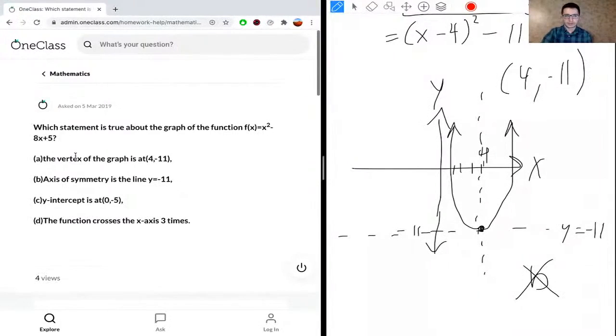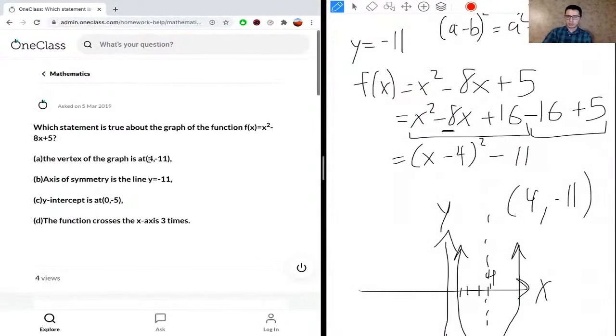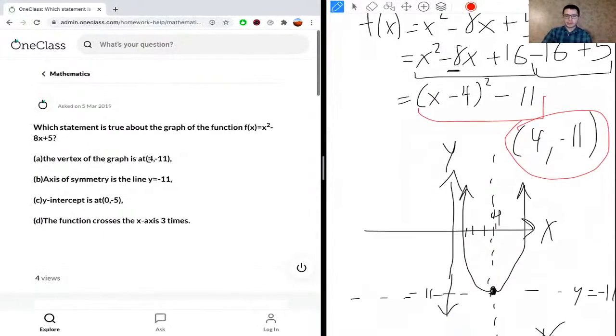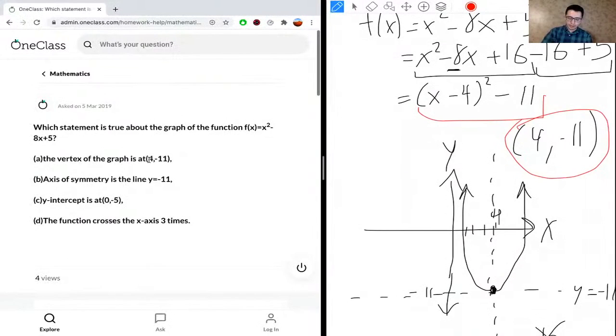And the first statement says the vertex of the graph is at 4, negative 11. We can see that this is true based on using the formula to complete the square up here. After we completed the square, we saw that we can get the vertex, which is at 4, negative 11. This above here is the standard form for a parabola, and you can know the vertex by looking at this.